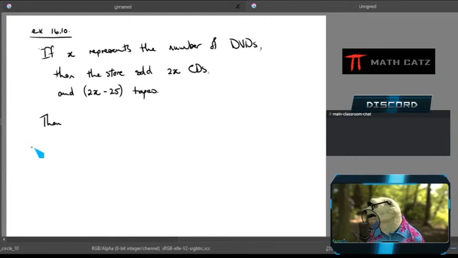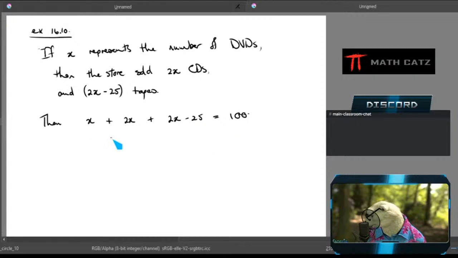So the more I do these things, especially at the same level of difficulty, you start to see certain translation aspects repeating themselves. So I don't have to be too detailed here if I don't need that help. Number of DVDs plus number of CDs plus number of tapes equals 100. Now I just have to figure out what the value of x is.